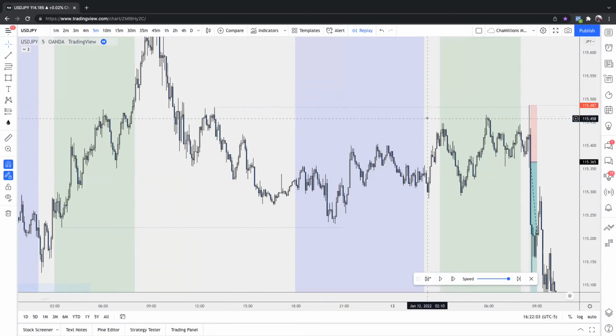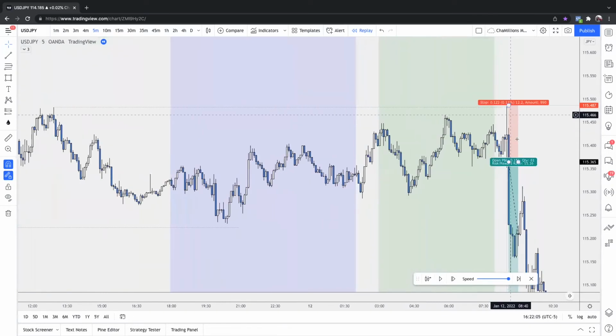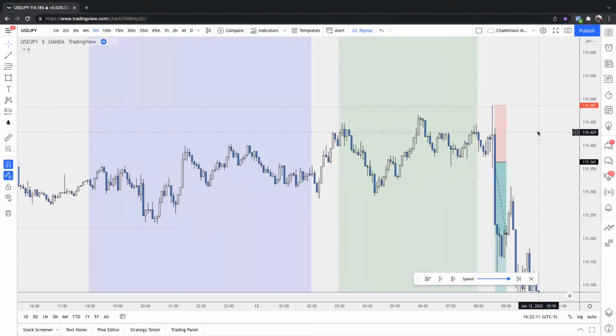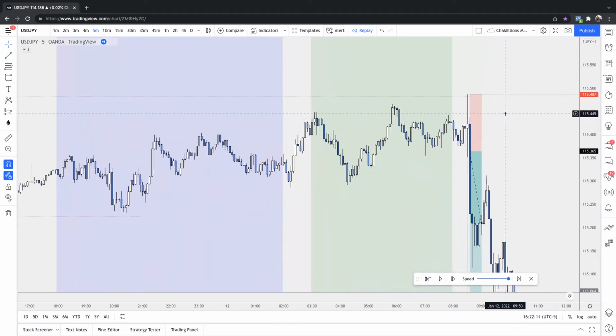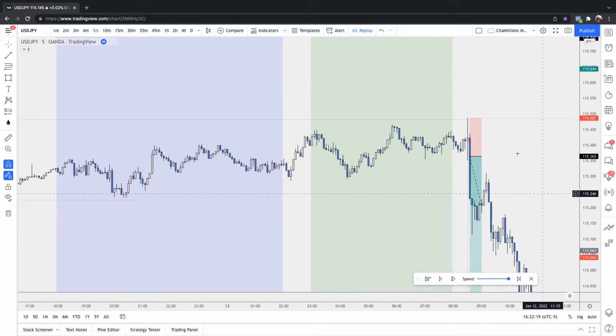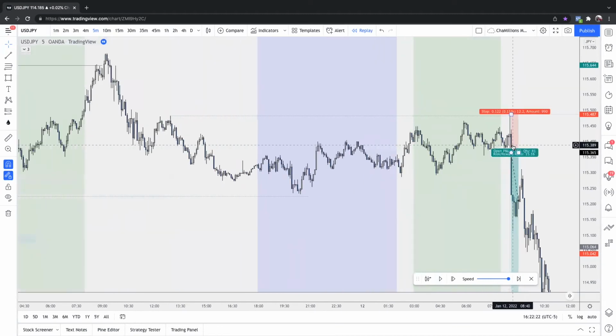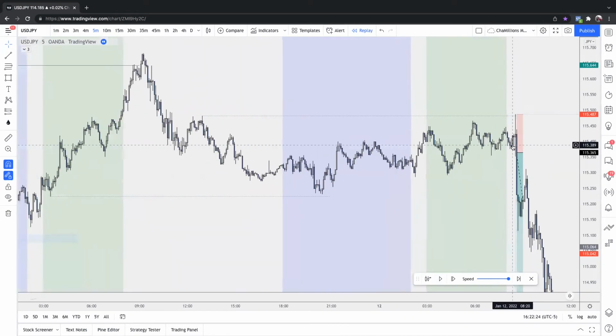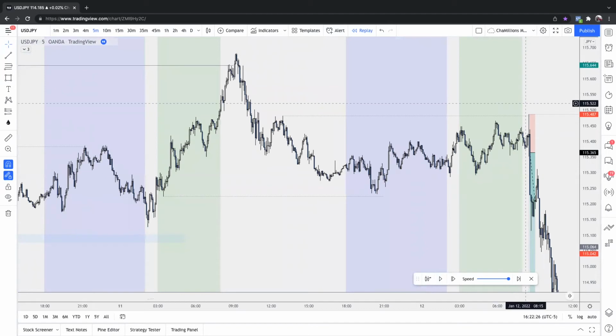The open of news, news opened up, price came and swept that high. We got a nice impulsive drive out to the downside. So for me, this was more so no limit, just executing right then, placing the stop above the high that swept liquidity, and from that point just letting it ride. Because at this point, I could see the market intentions. I pretty much got the direction I needed.